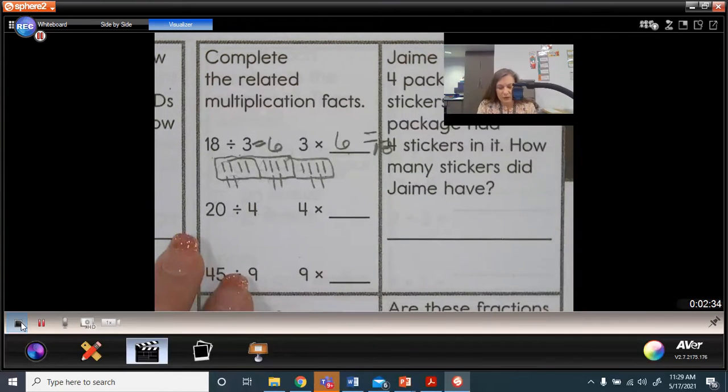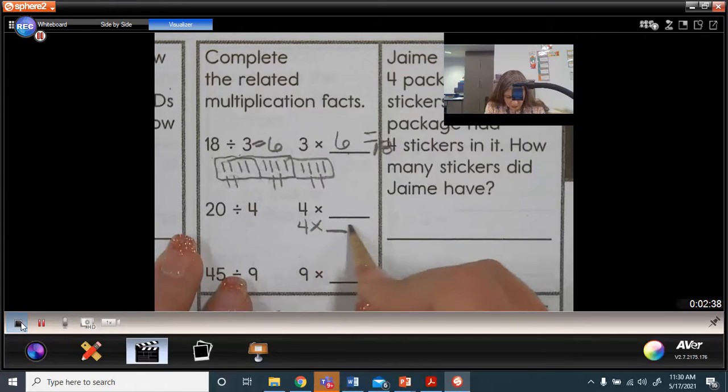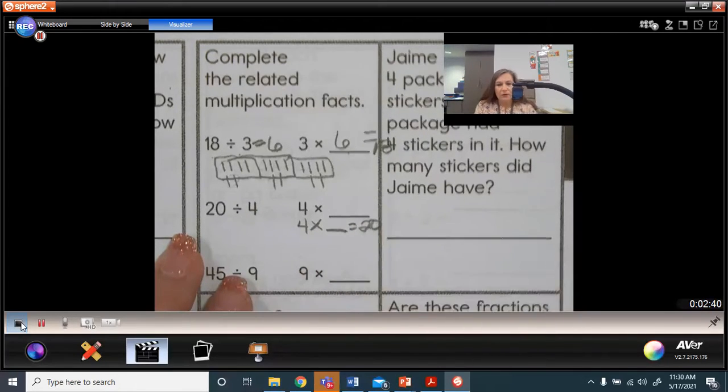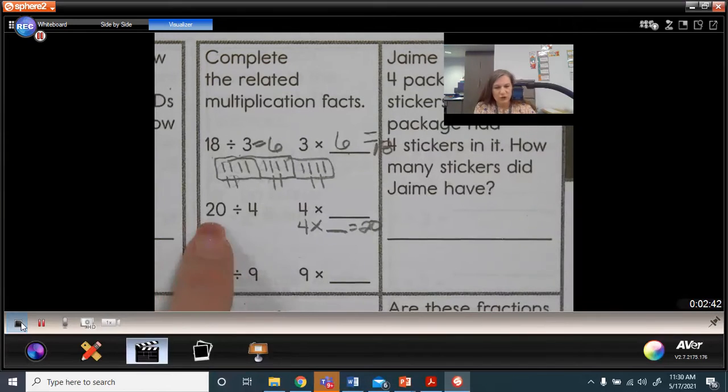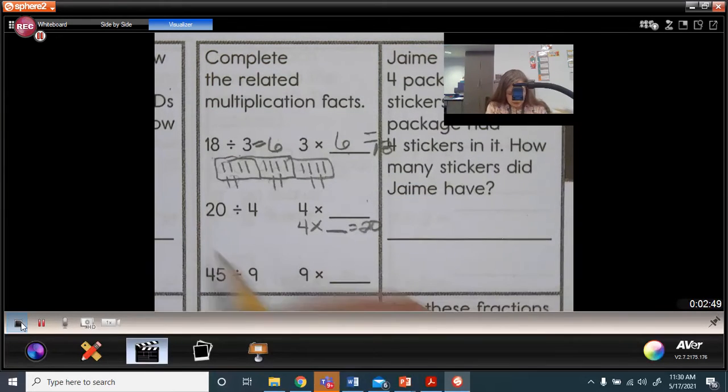All right, let's take a look at my next problem. I have 4 groups of blank equals 20. So we're going to use our division to help us with our multiplication missing factor here. So again, these are my objects, all of them. It's not 4 groups of 20.